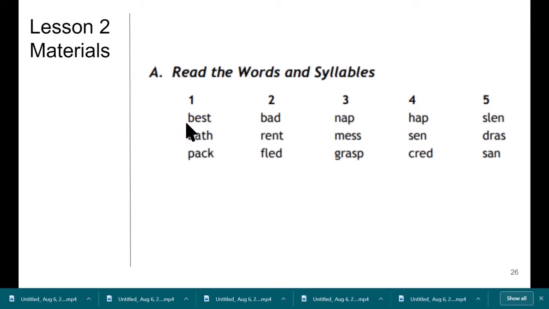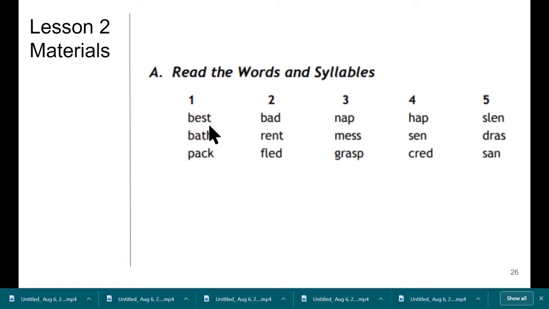So the words are, all right, let's give you a minute, and then we'll read the words together. In column 4, notice that these are not words unto themselves. These are word parts. These are syllables.